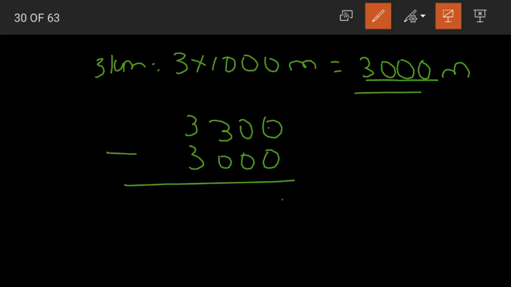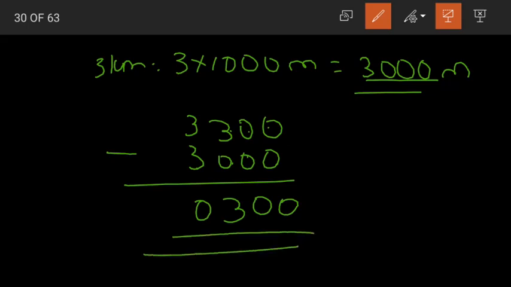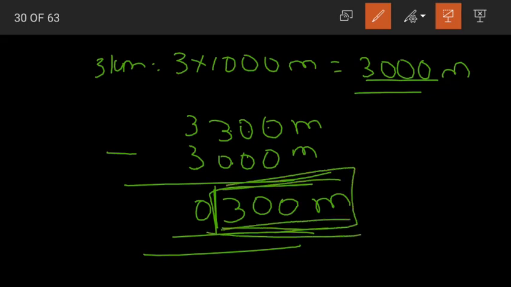When we subtract, 0 minus 0, 0, again 0 minus 0, 0, 3 minus 0, 3, 3 minus 3, 0. 300 meters. As both the given distances are in meters, the result or the difference is also shown in meters. So the difference is 300 meters.